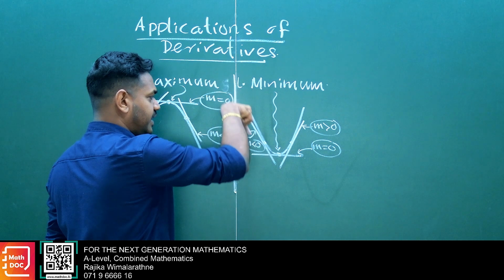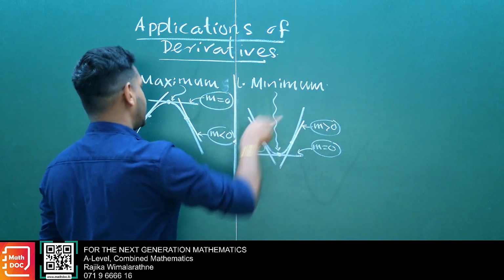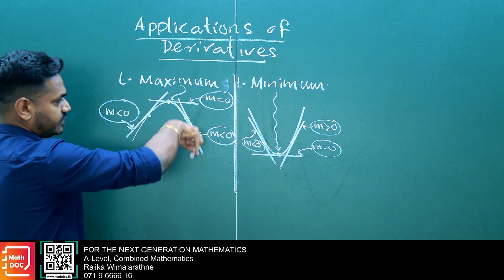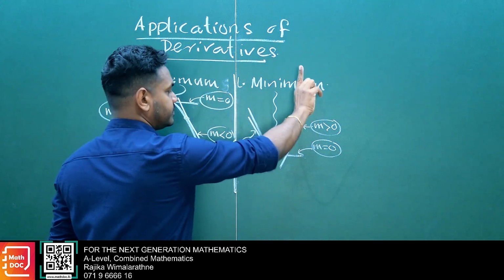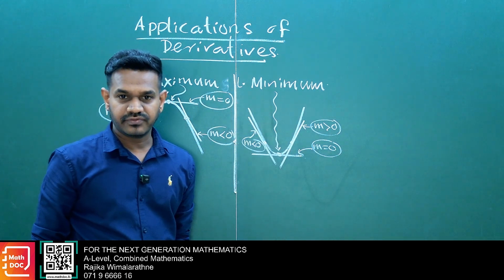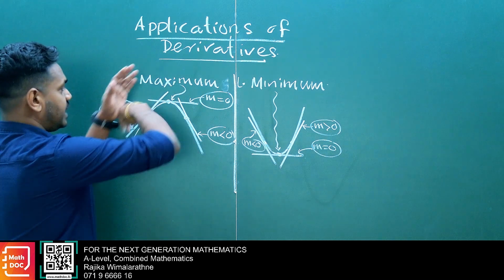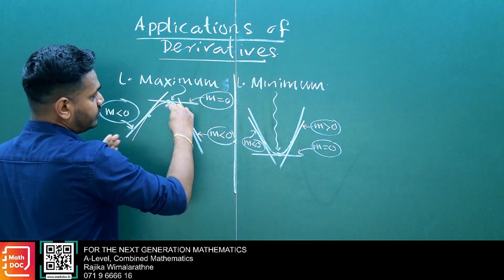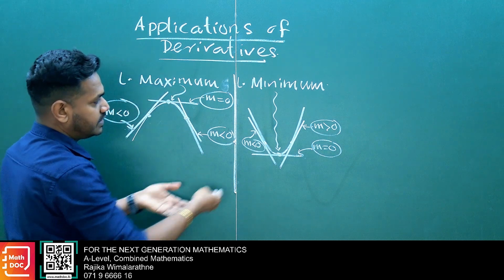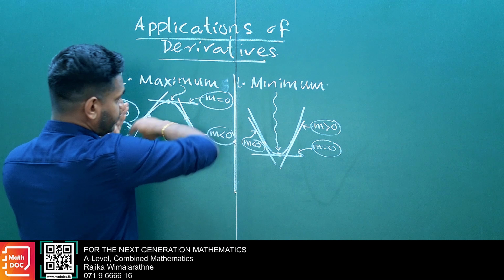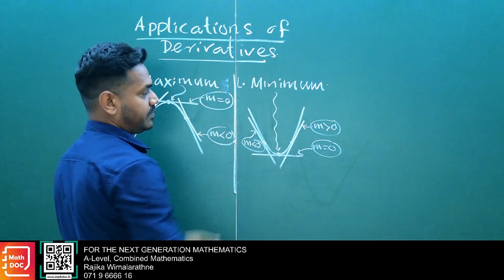Therefore, here the gradient varies from negative to positive, here from positive to negative, and here from negative to positive. That's how we identify a maximum and minimum. This shape we call concave down, here concave down, here concave up, here concave down, and here concave up.